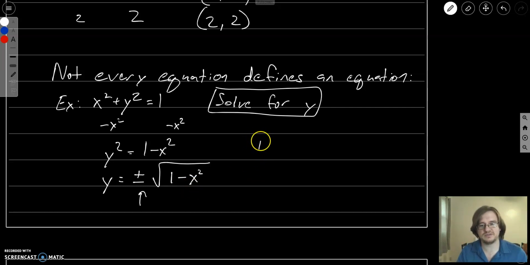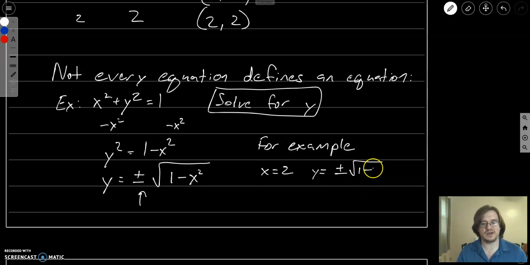So, for example, if I plug in x is equal to 2, what will happen here? y will be plus or minus the square root of 1 minus 4. 1 minus 4 is negative 3. So this is going to be plus or minus i times the square root of 3.